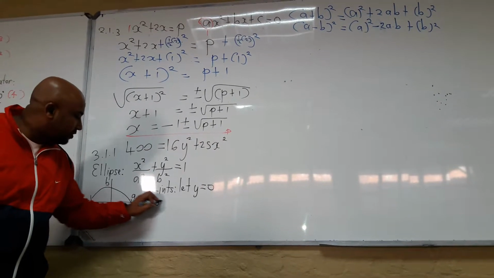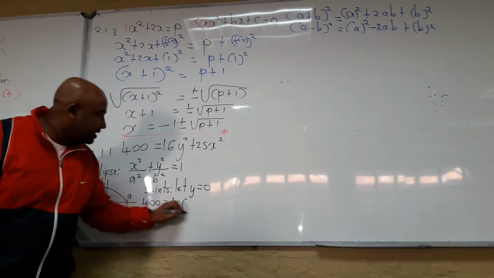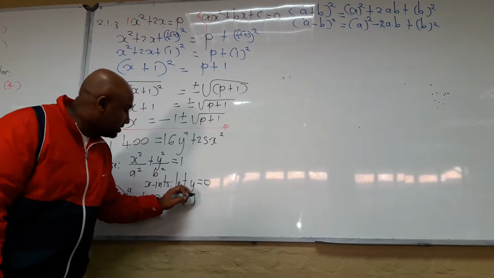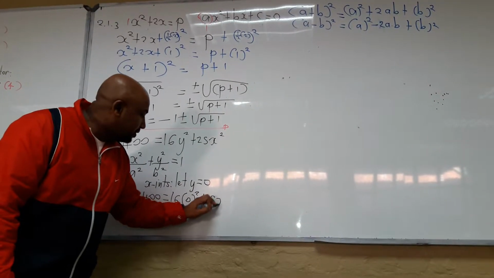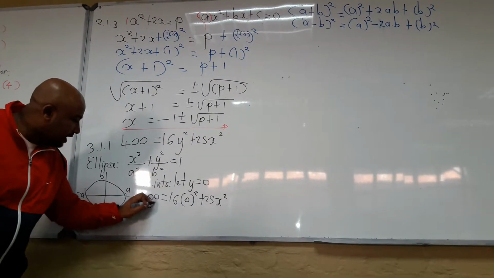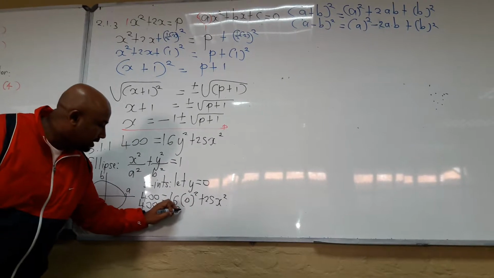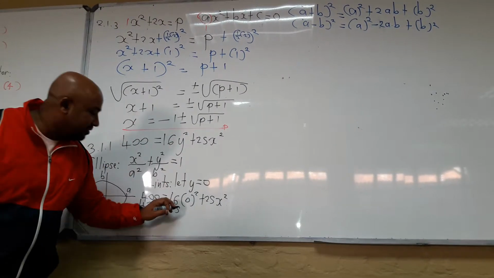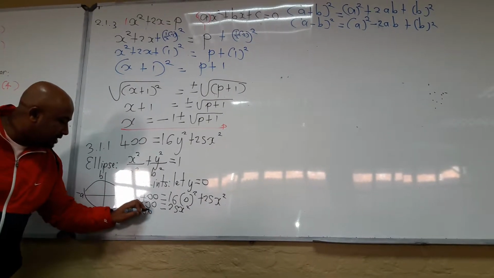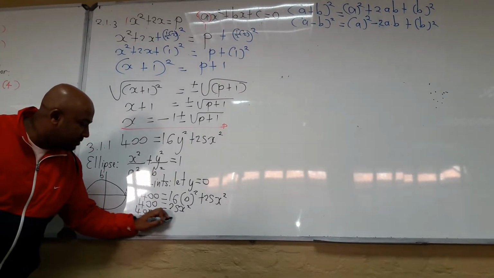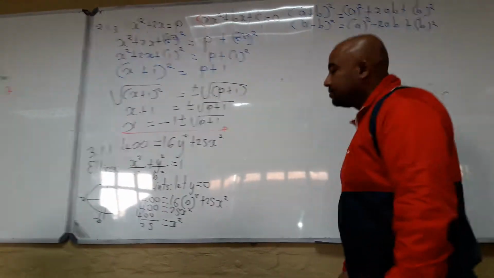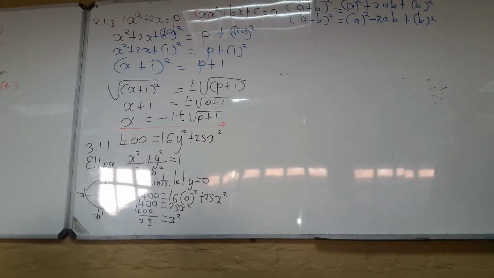So therefore I got 400 is equal to 16 times my y squared there, but we know that y is 0, so that's 0 squared plus 25x squared. So now we got 400 is equal to 0 plus 25x squared. So now we got 400 divided by 25 is equal to x squared. 400 divided by 25? 16.